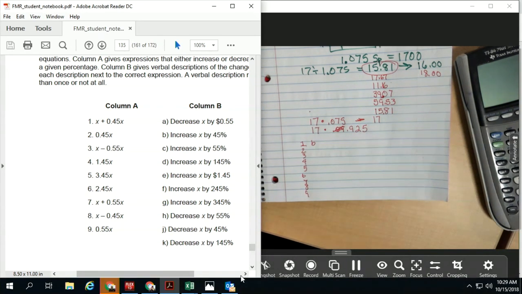What does the word increase mean? Added on. Added on to? What are you adding it on to? 145? No, you're only adding on 45. Does that make sense? Okay. 2.